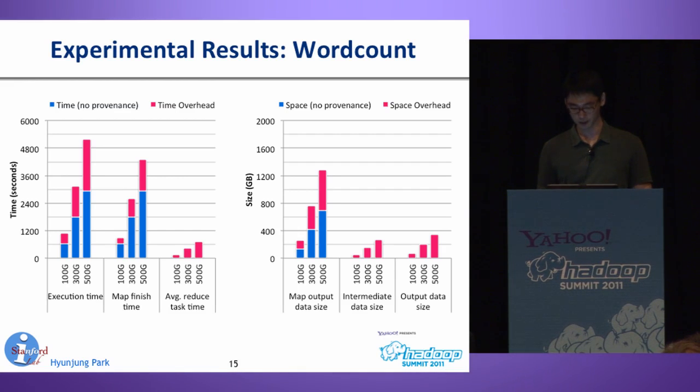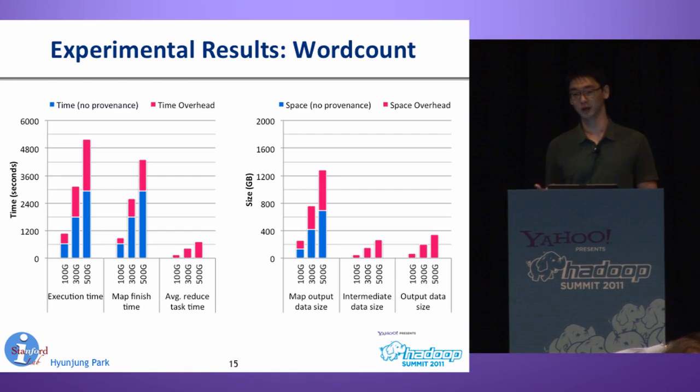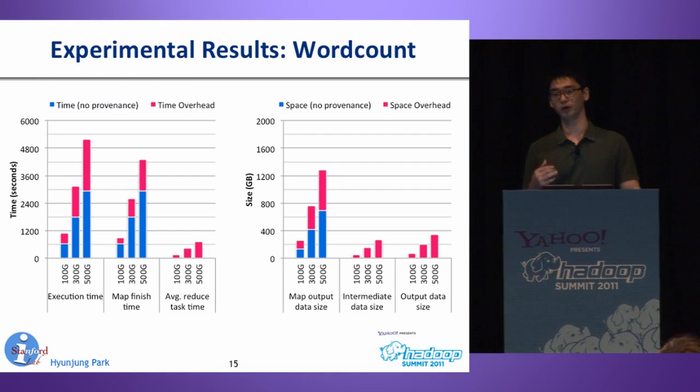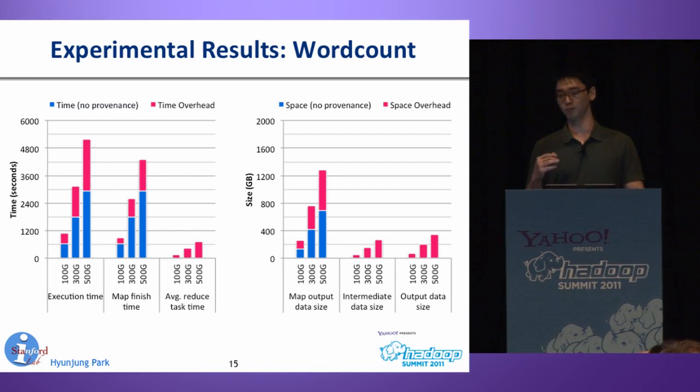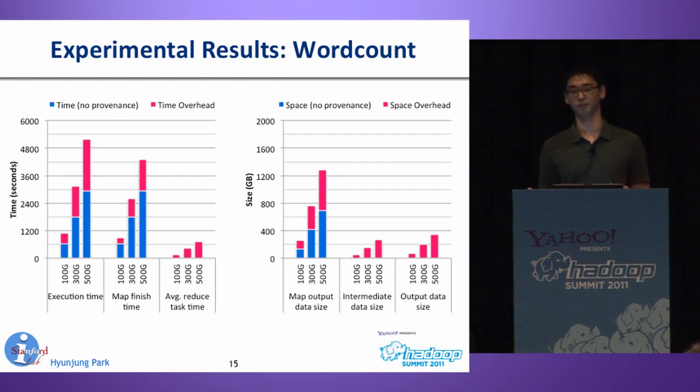With the provenance capture, on top of these blue bars, the red bar indicates the time and space overhead for provenance capture. You can see in the map output data, there is quite a bit of overhead in terms of space. This is because in the word count example, each map output key value pair is rather small, like 20 bytes.